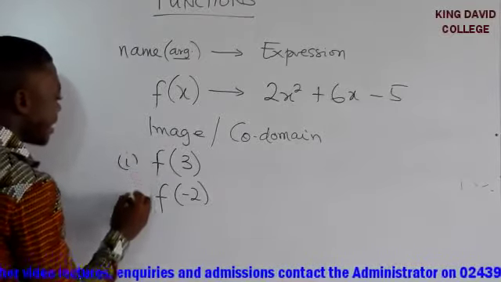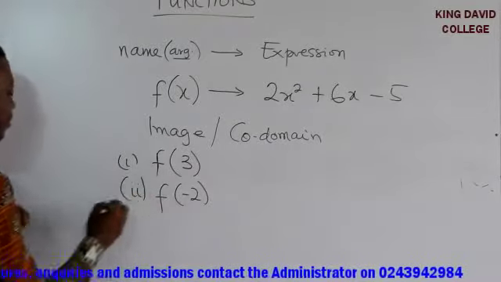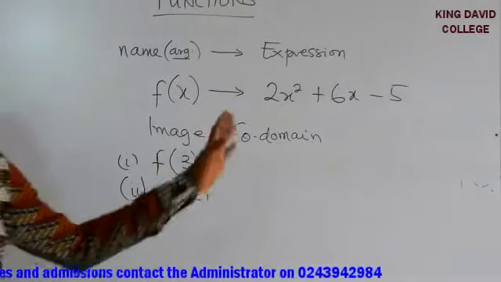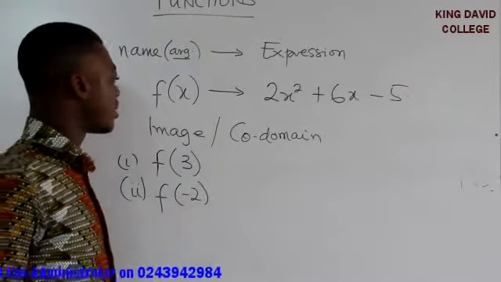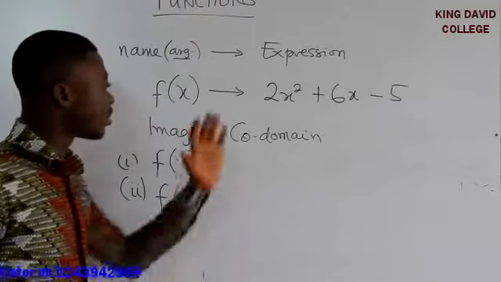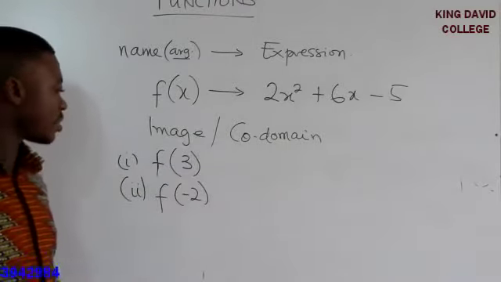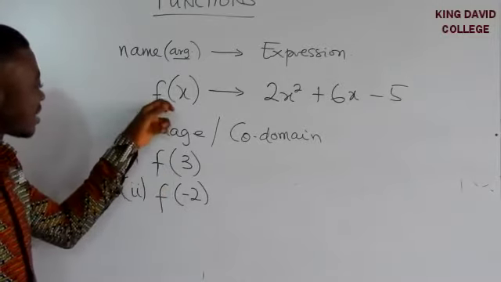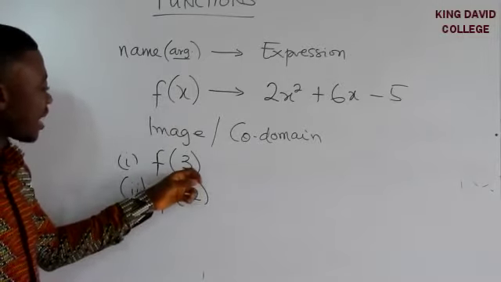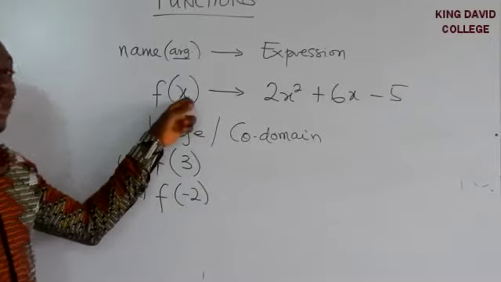This is I, this is II. Now we are given this task. The question is, how do we look at this? If you remember the previous solution, we said the function name is given to you which maps to this, and so whatever is in the bracket will also map to the general function.